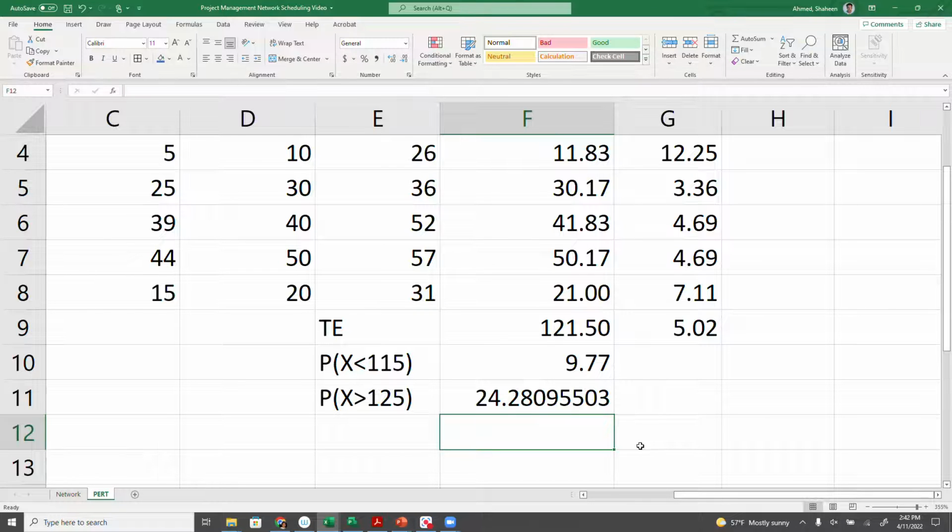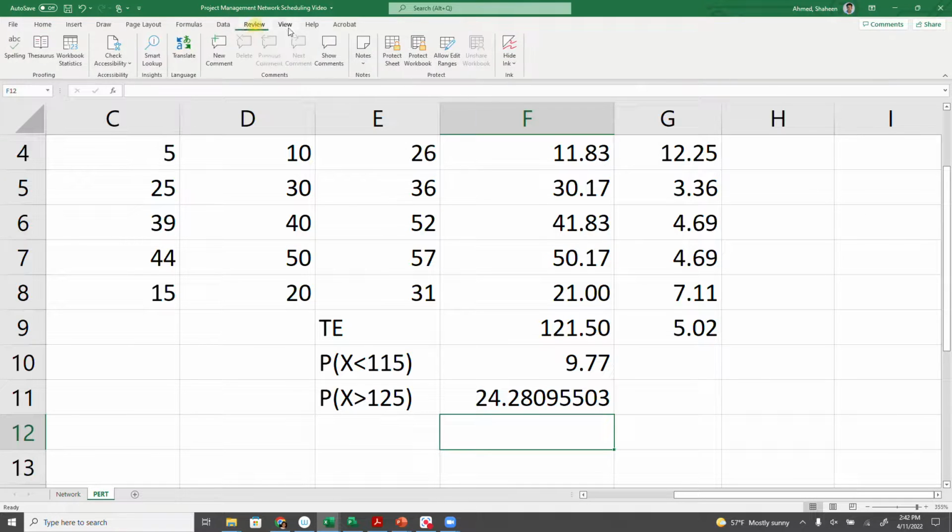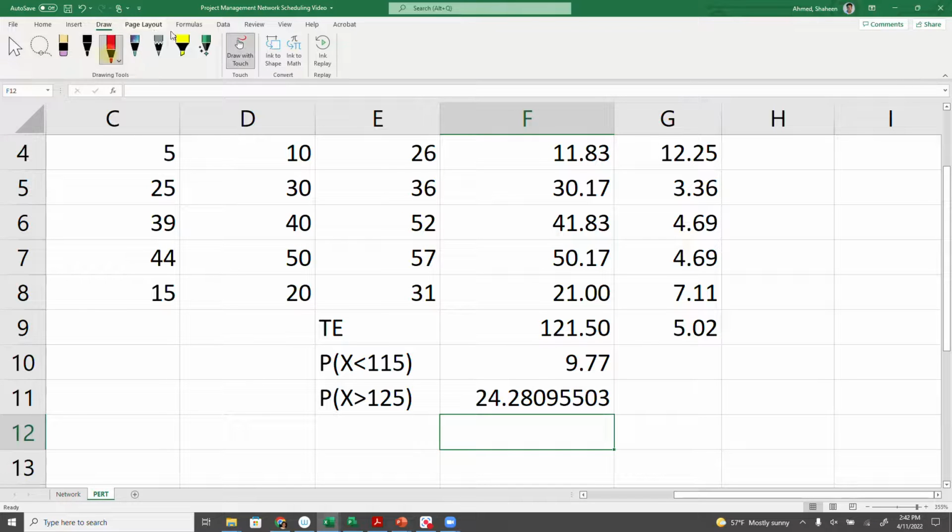Now to explain, let me grab my drawing pen and see if I can draw that. So on this question, more than 125. Let's say this is 125, so the question is asking for this probability: the probability of x more than 125.